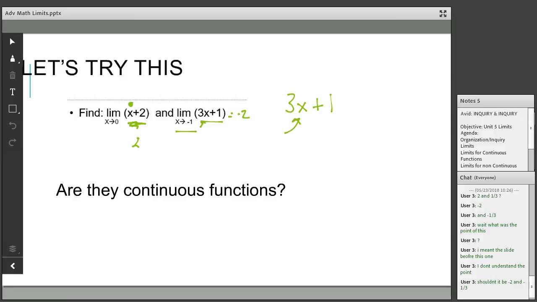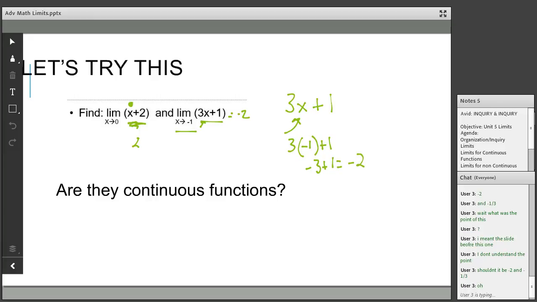This is the limit of 3x plus 1 as x approaches negative 1. This is a polynomial, so we just put negative 1 in here. Negative 3 plus 1 gives us negative 2. So I guess there was a point to that one.